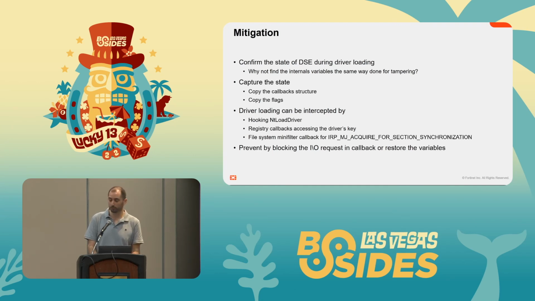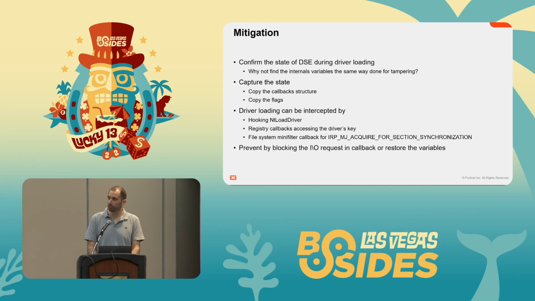When we boot, or when our protection starts, we can assume that the system is not currently compromised, because of all the other protection mechanisms that prevent compromise for a very long period of time. So when we start, we assume we're in a valid state, and we can just capture it, meaning we copy the callback structure and the values of the flags to a different location.